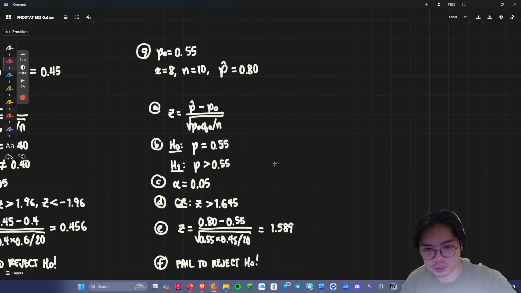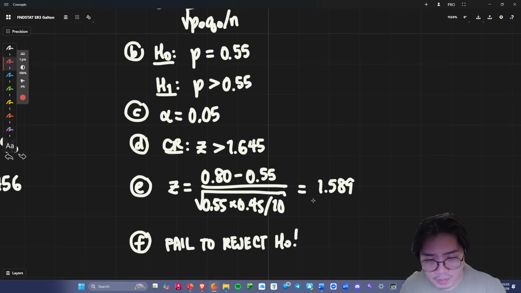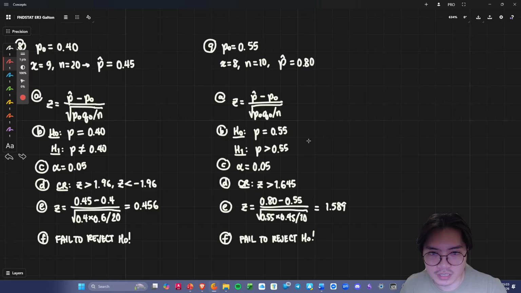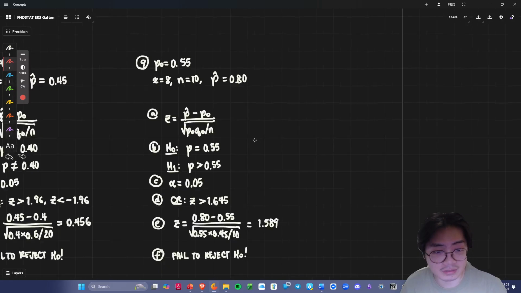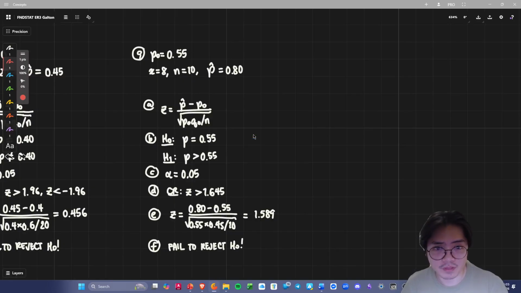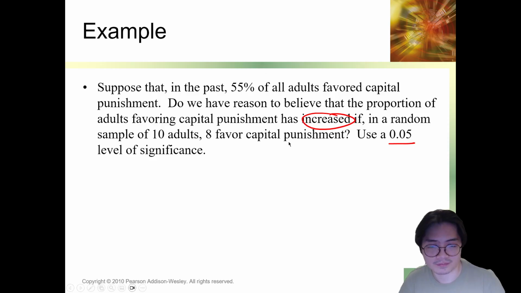Even if that proportion is quite high, they could have picked another 10 people, and the proportion would now be much lower. But apparently, because 0.589 is smaller than 1.645, that really is not enough evidence for us to suggest that this is bigger than 0.55 as a proportion.